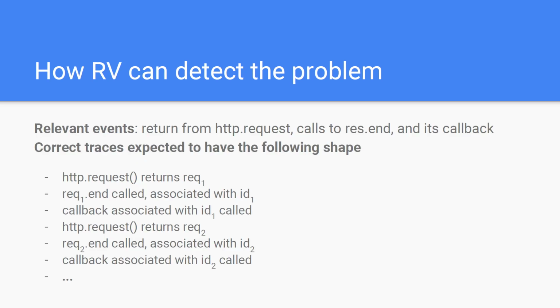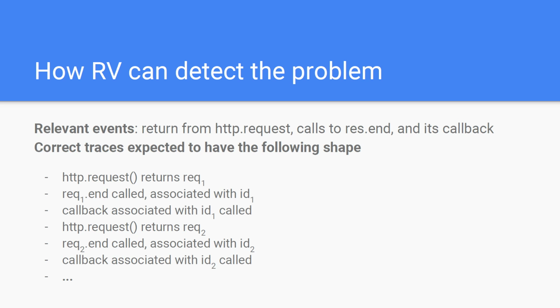And how can we detect the problem with runtime verification? So we have to formalize the property. First we have to know which are the relevant events for our verification. In this case, there are these three kinds of events.